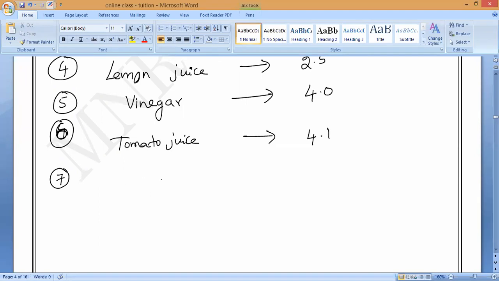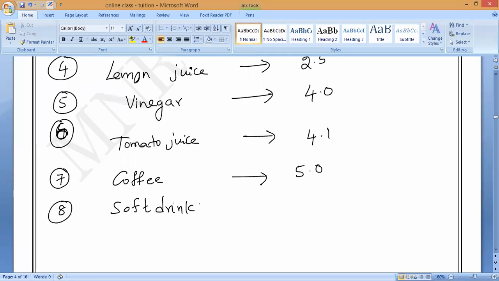Next, tomato juice, 4.1. Coffee, 5. Next, soft drinks, whatever soft, cool drinks we are drinking, having a pH of 6. Clear?